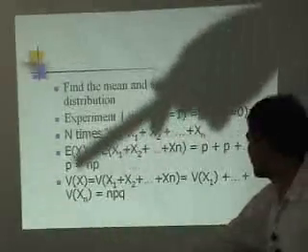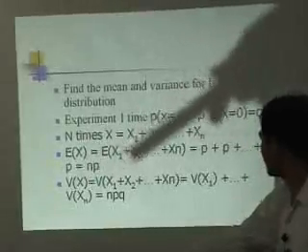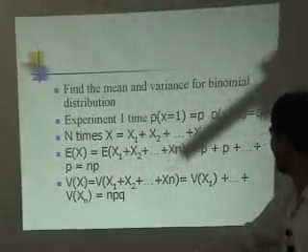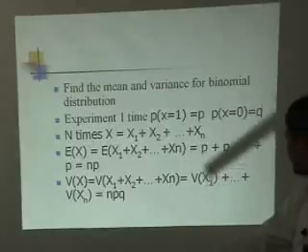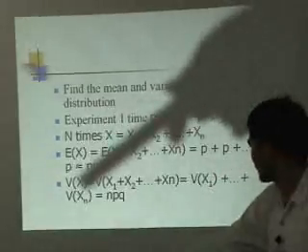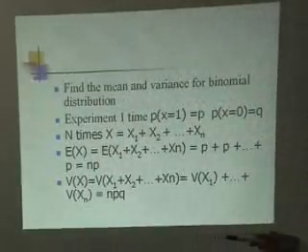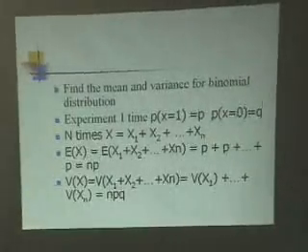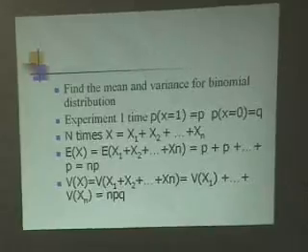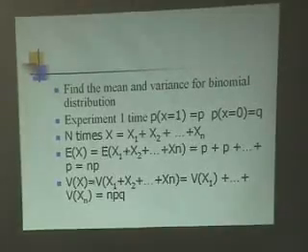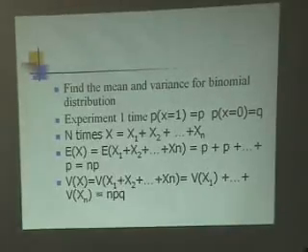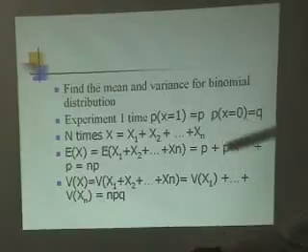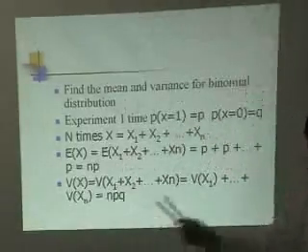You have variance of x equal to variance of x1 plus x2 plus xn, which is Vx1, Vx2 up to Vxn. So how many do you have? You have n of them, right? And each one is equal to PQ. So you get the variance equal to NPQ.